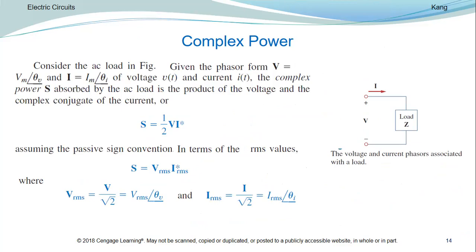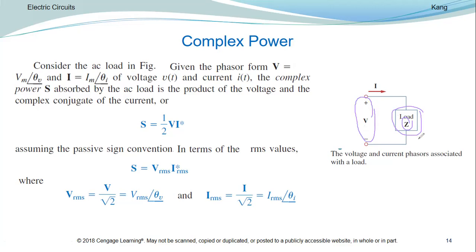So what is complex power? Let us consider a circuit. In this circuit there's a load Z, having positive and negative terminals, with a voltage across them and a current flowing through this load.